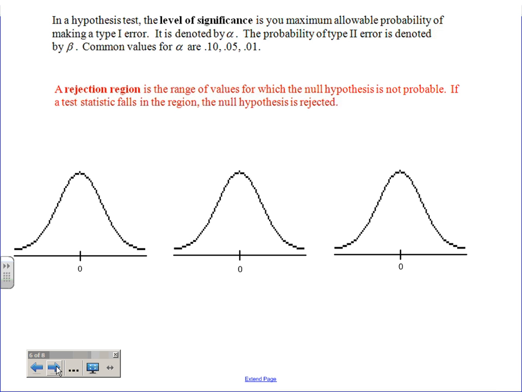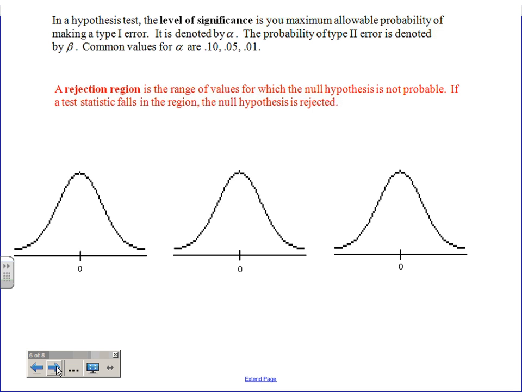Common values for alpha are 0.10, 0.05, and 0.01. So I want to make sure I only make a type 1 error 10% of the time, or 5% of the time, or 1% of the time. Obviously, these numbers shouldn't be a big surprise because they're the opposite of 90, 95, and 99. We've heard those, right? Those are key.